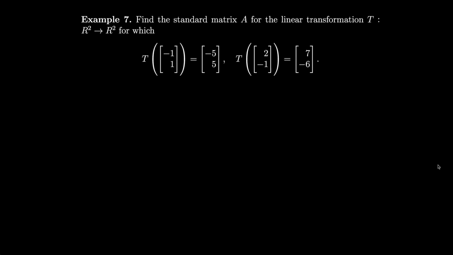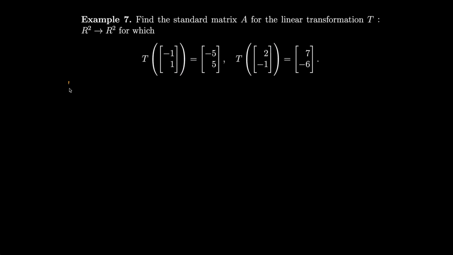Let's find the standard matrix A for the linear transformation from R2 to R2, for which T of minus 1, 1 is minus 5, 5, and T of 2, minus 1 is 7, minus 6. First, let's write our standard basis vectors as a linear combination of the vectors that we're given, because we're not given the explicit transformation.